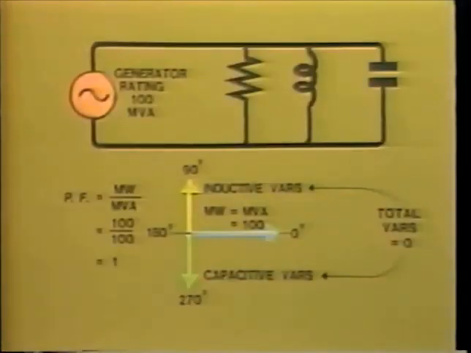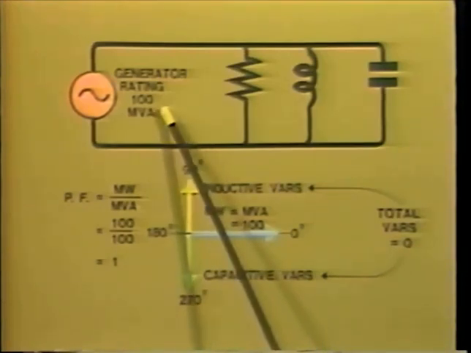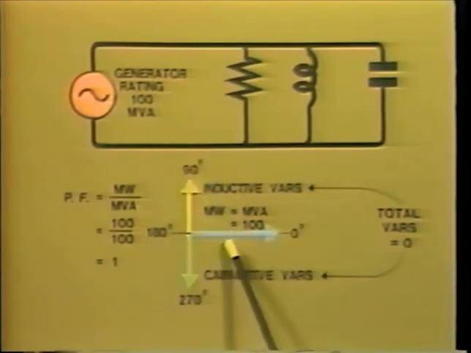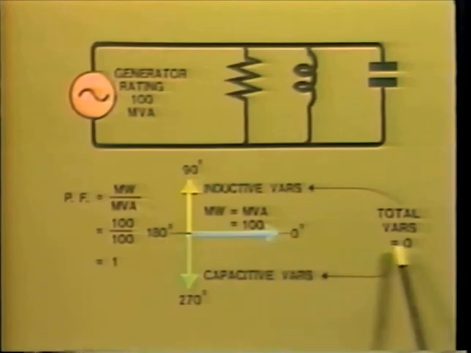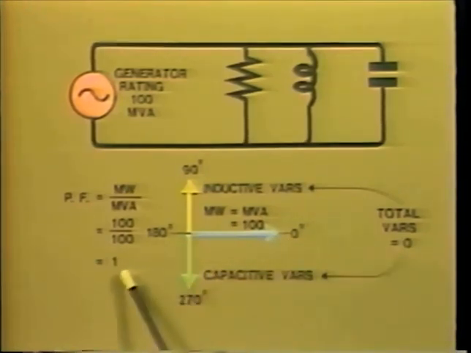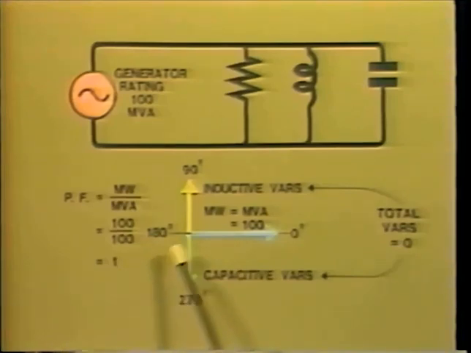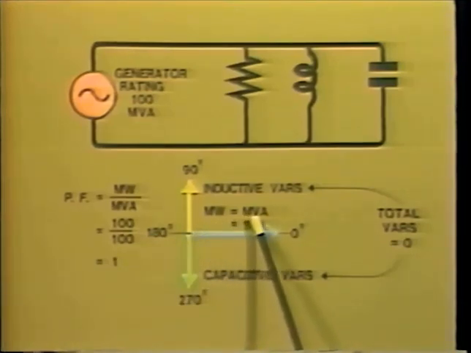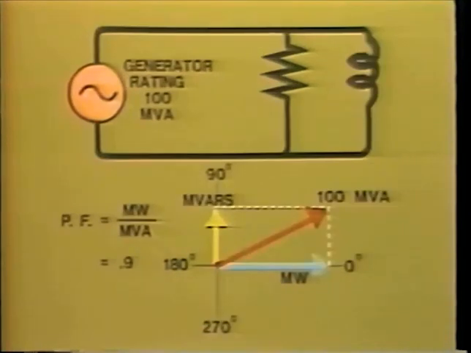For example, let's look at a generator rated 100 MVA. This would be able to supply 100 megawatts were there no megavar demand in the system. In this situation, the power factor will be unity, and megawatts will equal MVA, and that will equal 100 megawatts, as we can see here. But suppose now we assume an inductive load power factor of 0.9.